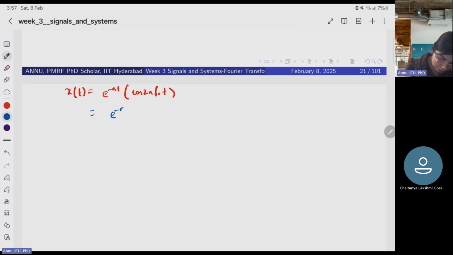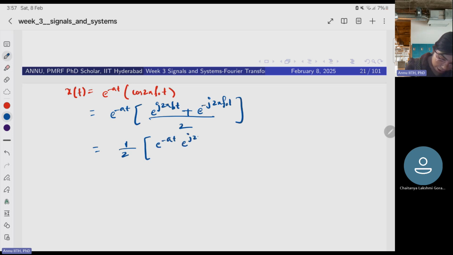x(t) is e^(-at) times cos, which is nothing but e^(-at) times (e^(j2π f0 t) plus e^(-j2π f0 t)) divided by 2. Let us keep 1/2 outside: e^(-at) e^(j2π f0 t) plus e^(-at) e^(-j2π f0 t).